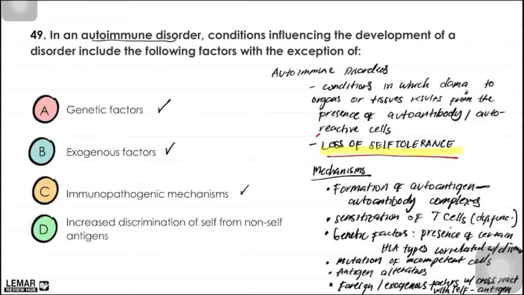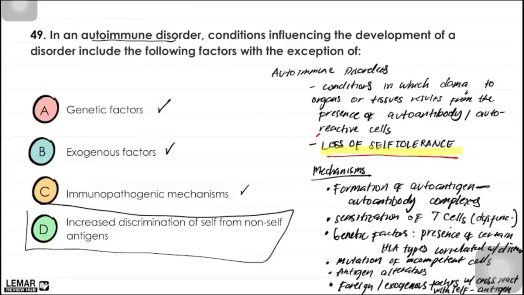So, as we said earlier, there is loss of self-tolerance. It cannot recognize itself. So this is not described by letter D, increased discrimination of self from non-self antigen. In autoimmune disorder, there is no discrimination of self from non-self antigen, and that produces a certain immune response in the patient.